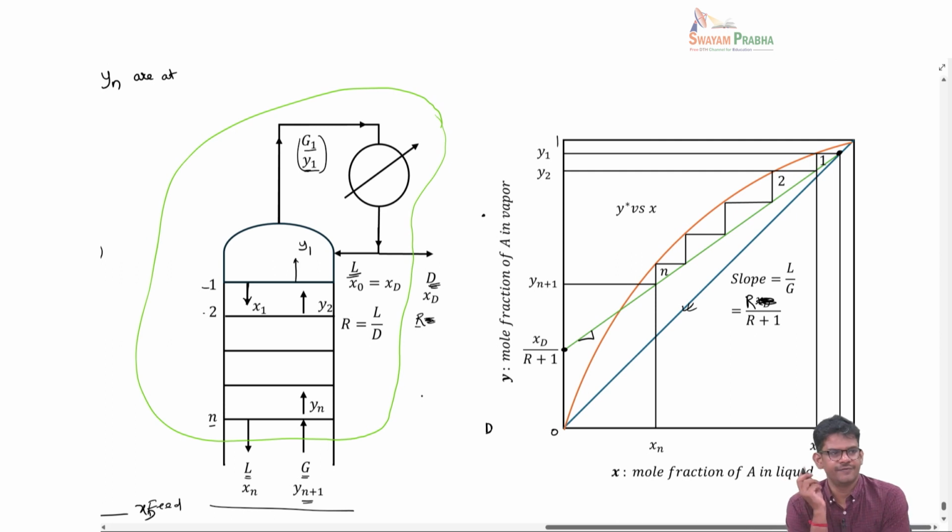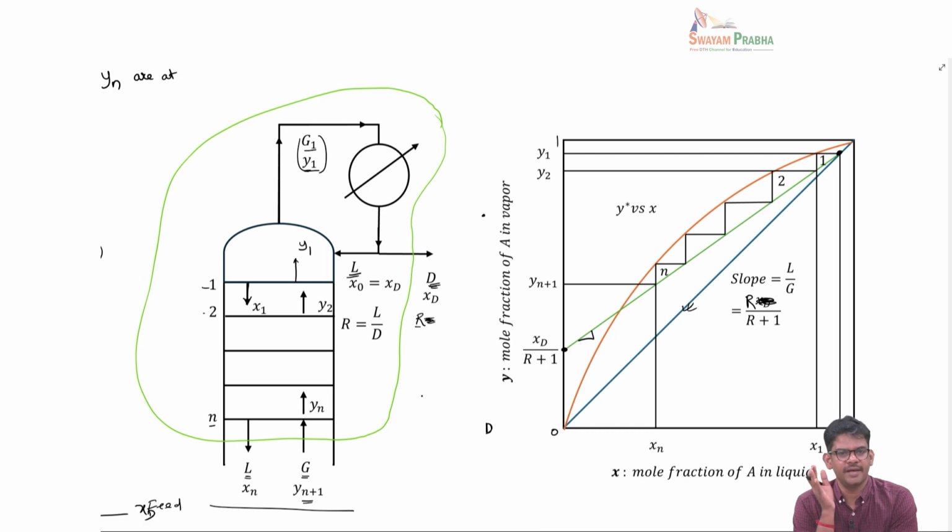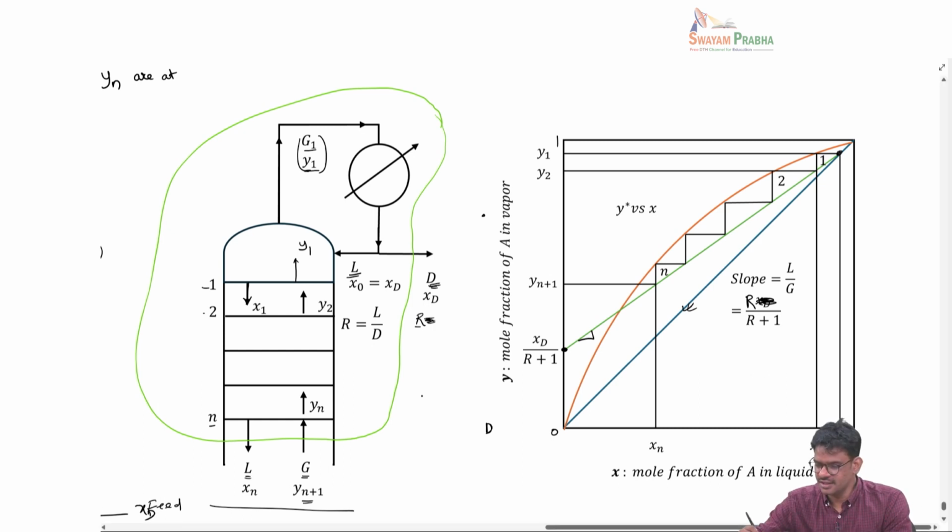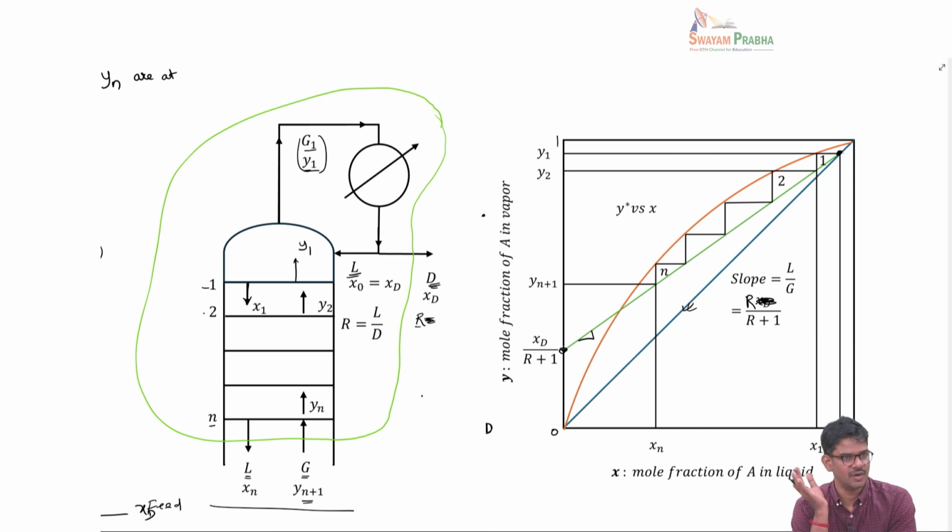So in other words, if you want to locate the enriching section operating line, you find xD on the 45-degree line, that is one point, and the intercept is xD by R plus 1, and you connect these two points. Or you basically find the intercept, and you know the slope, and you can draw the line also. So, either way.